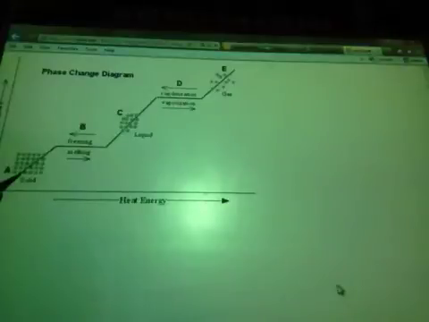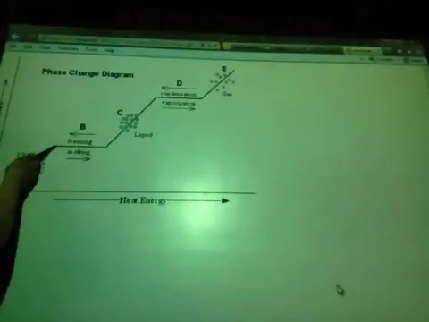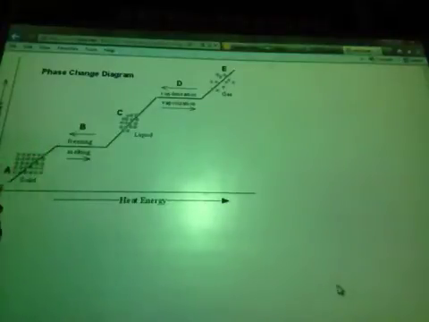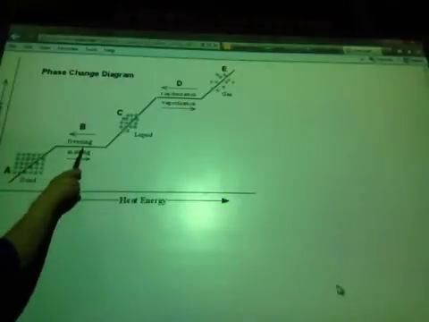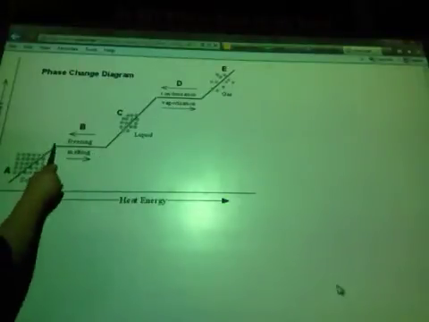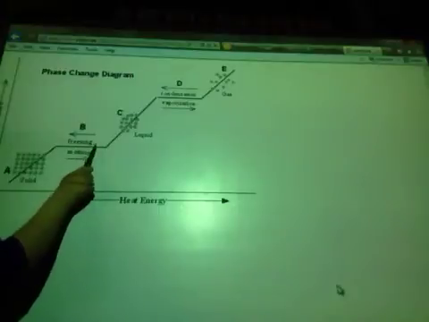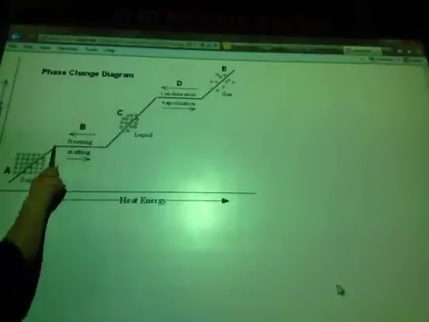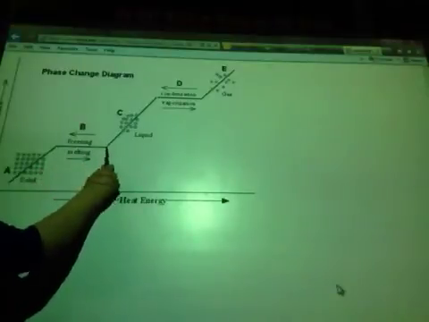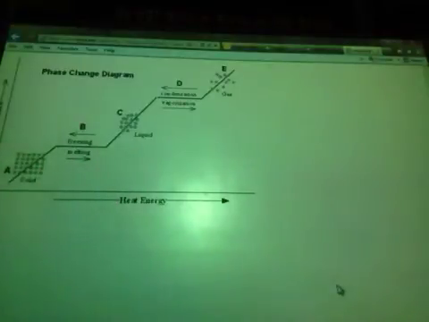So I'm adding energy, I can see that my temperature is increasing, but at some point, my temperature is going to stay the same as I continue to add energy, and at this point right here is where the phase change occurs from the solid changing into a liquid. Now, one thing that I would like you to know is that at a phase change, there is no temperature change.